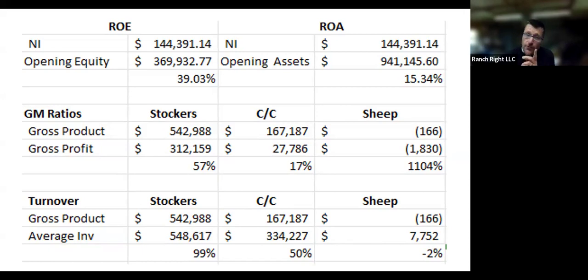Now, if you are a Dave Ramsey acolyte, which I don't have any problem with, and you don't like debt, then yes, you would like your equity and your assets to be equal. That means there's no leverage in the business. There are no liabilities. I utilize that in my personal life 100%, and I am not a big consumer of debt, even in our business.